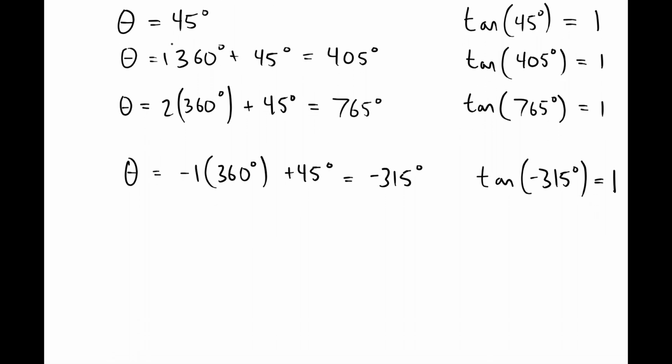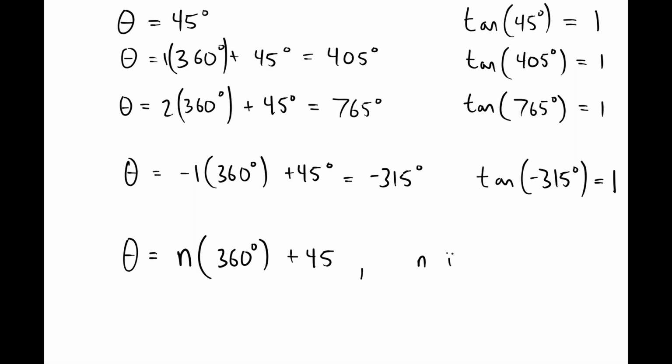So a lot of different possibilities are solutions to the equation. And this would be 1 times 360 plus 45. This is 2 times 360 plus 45, and then negative 1 times 360 plus 45. Our solutions are therefore going to be n times 360 plus 45, where n is any integer.